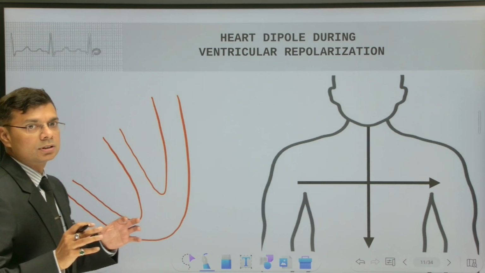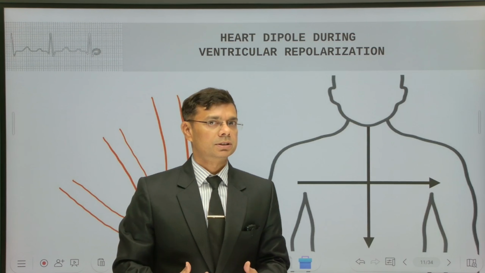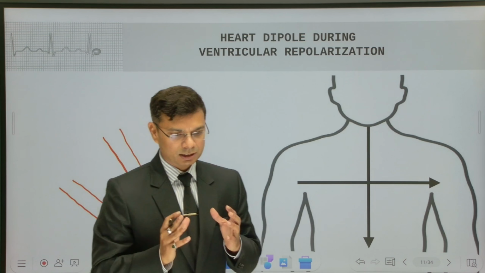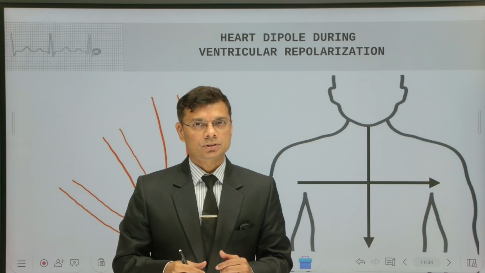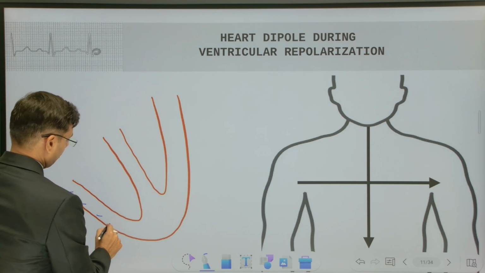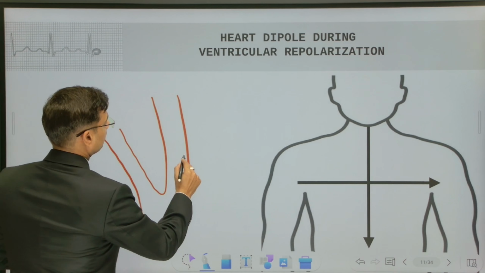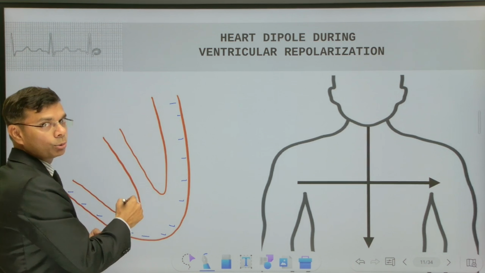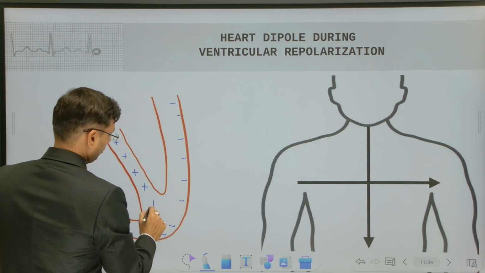So once ventricular depolarization happens, now it's time for the repolarization. If we think, the cells that got depolarized first will repolarize first. So what should happen? Suppose these are the cells who depolarize later. The initial ones depolarized early, so I think they should be repolarized first.